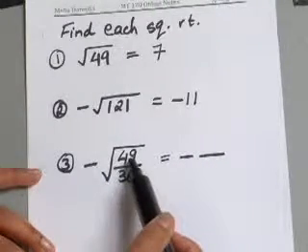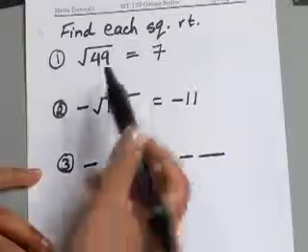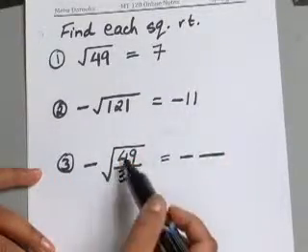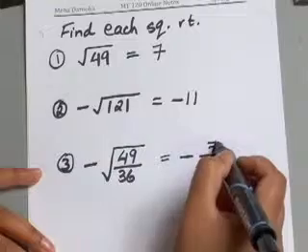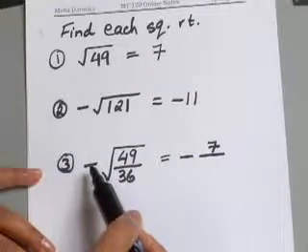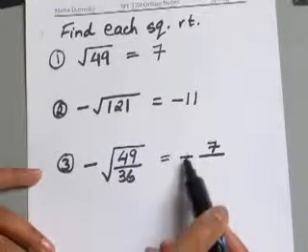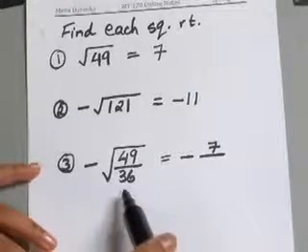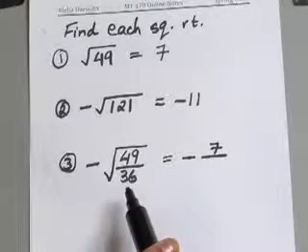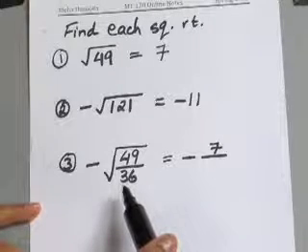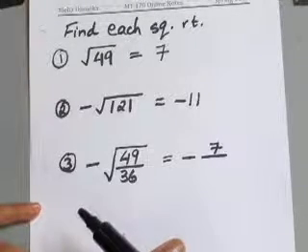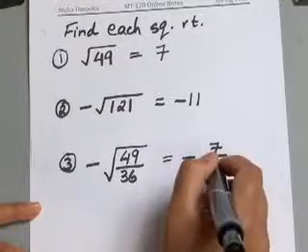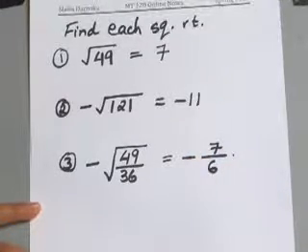Now we already did the square root of 49 right here. We know it's 7, so same thing here. And since we're trying to find a negative square root, I've already gone ahead and put our negative sign here. What about 36? What number multiplied into itself will give you 36? And of course that number is going to be 6 right here.